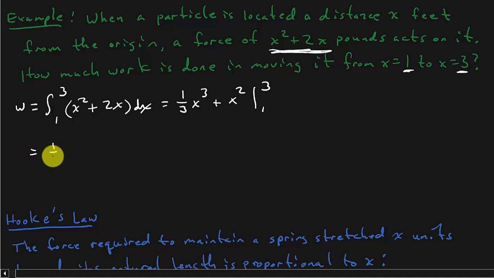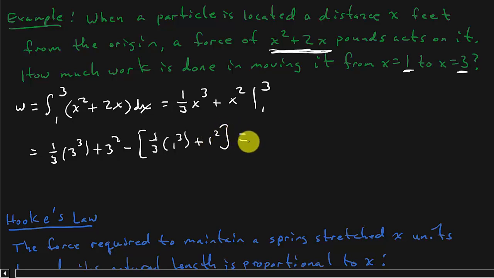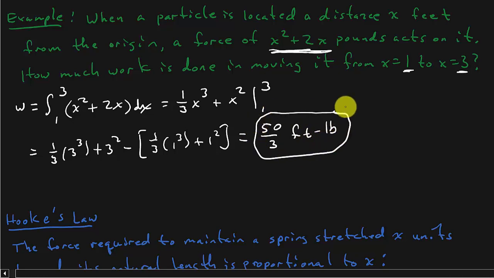That's going to be 1/3 times 3 cubed plus 3 squared, minus 1/3 times 1 cubed plus 1 squared. And when you punch all that into your calculator or do the arithmetic, you get 50 over 3 foot-pounds. Because notice we're in pounds and feet.